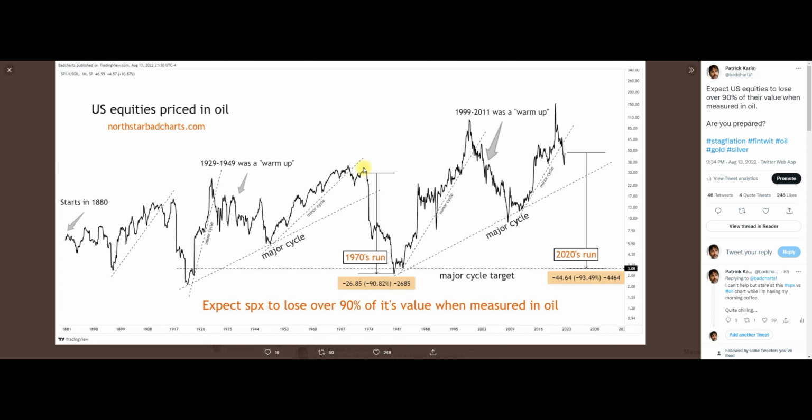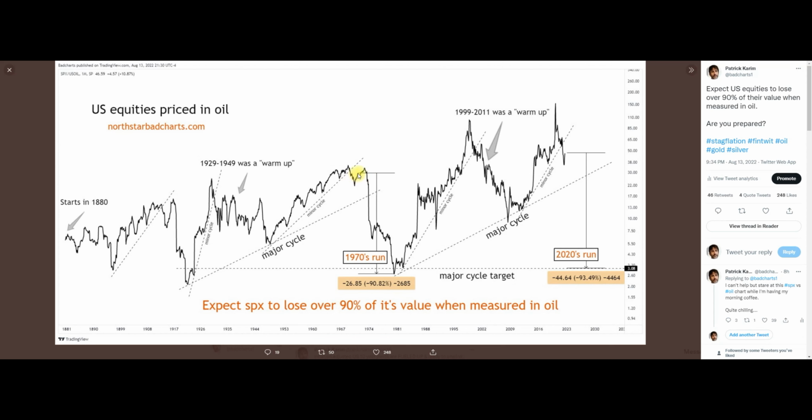It tries to go back up, but priced in oil, even if US equities managed a marginal higher high in the late 60s, they cannot make a new high when measured in oil. And because you're below that minor cycle trend line break, it's over. This is the classic move: the echo bubble can't go back above previous highs on the wrong side of that minor cycle trend line. And that's all she wrote.